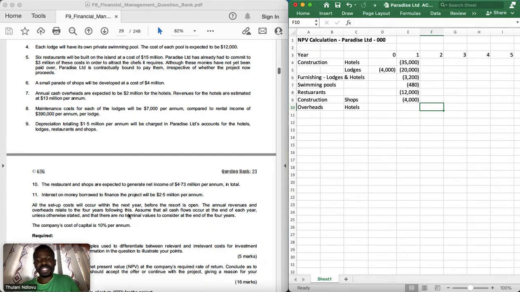So 4 years following this means from year 2 up to year 5. So we have overheads at a cost of 2,000 for all the 4 years. Then revenues for hotels are 13 million, so it's 13,000 for 4 years.